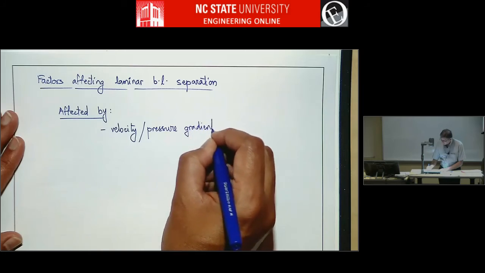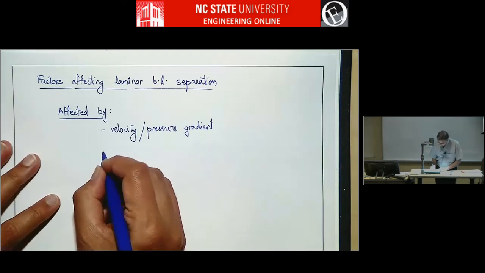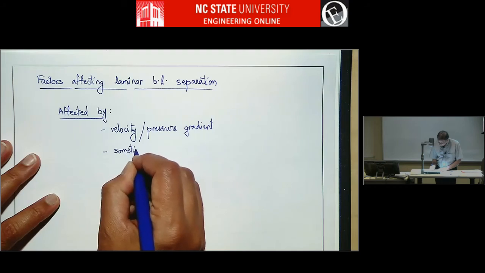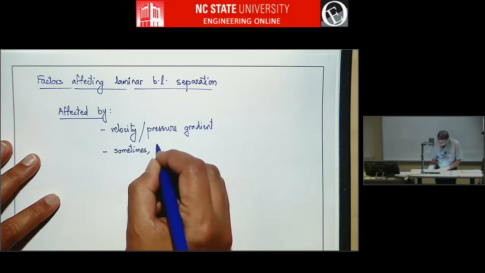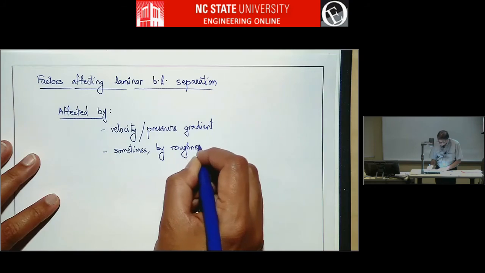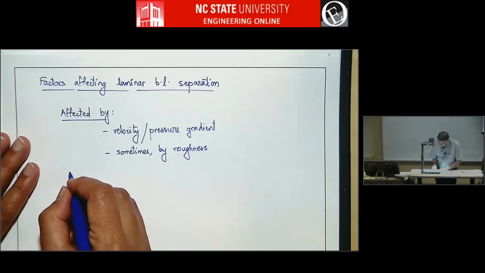This thing is going to come all over the place, this pressure gradient, velocity gradient. That's why we spent a little bit of time in the earlier lectures talking about what exactly that is and getting that defined properly. And sometimes by roughness. And it's really not affected by Reynolds number.